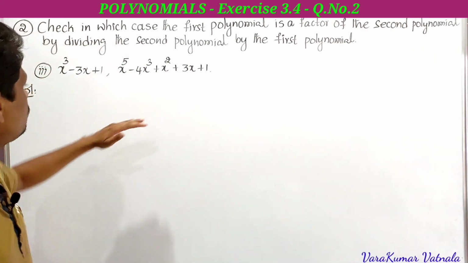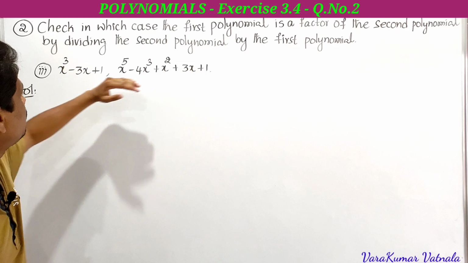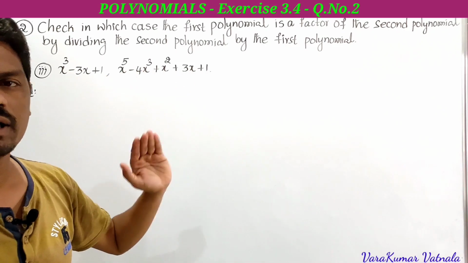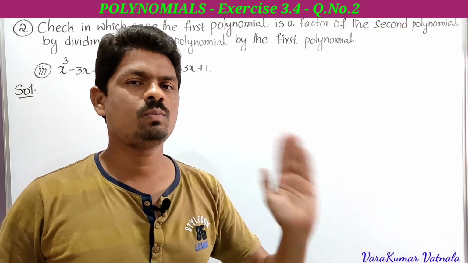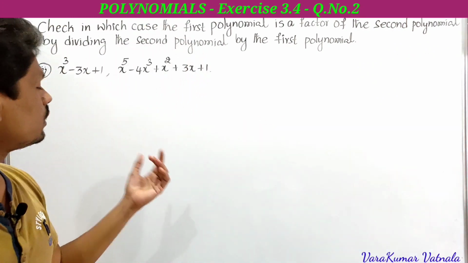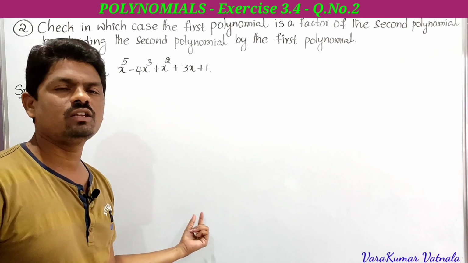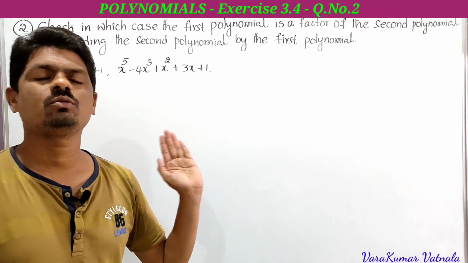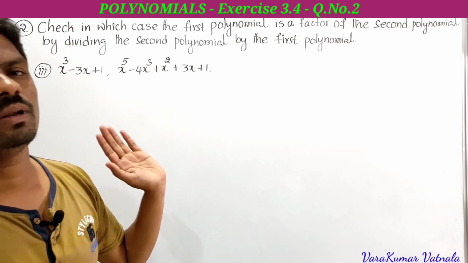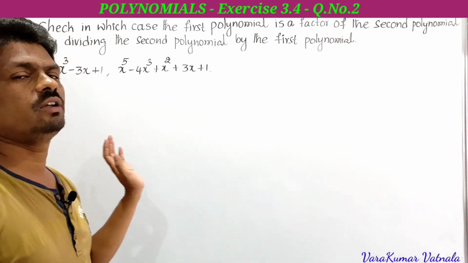If we get the remainder 0, we can say the first polynomial is a factor of the second polynomial. If we don't get the remainder 0, we can say that the first polynomial is not a factor of the second polynomial.